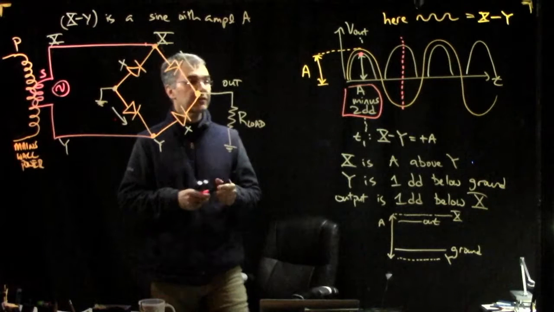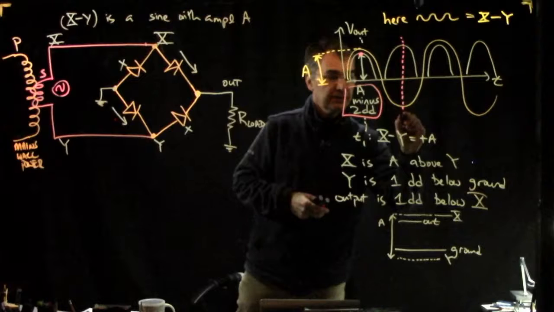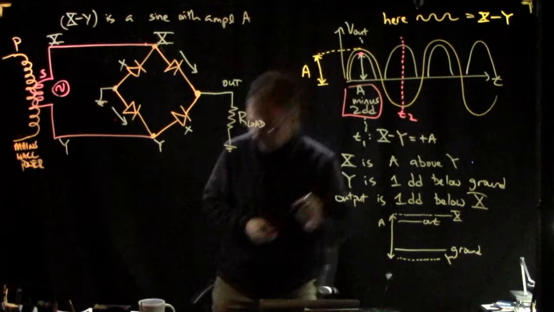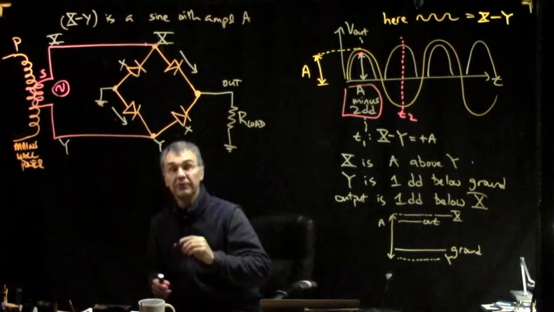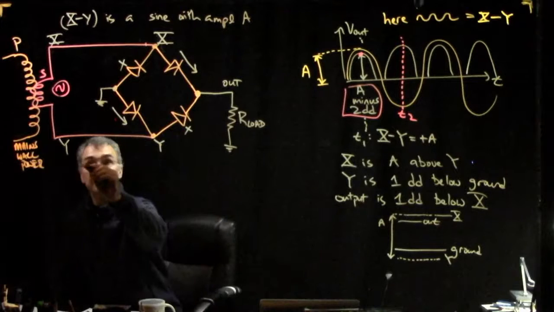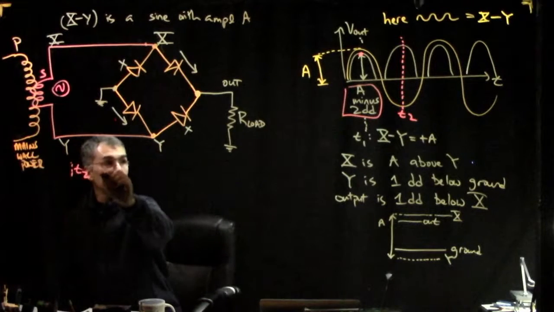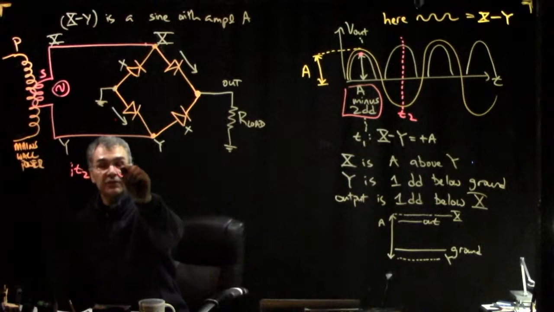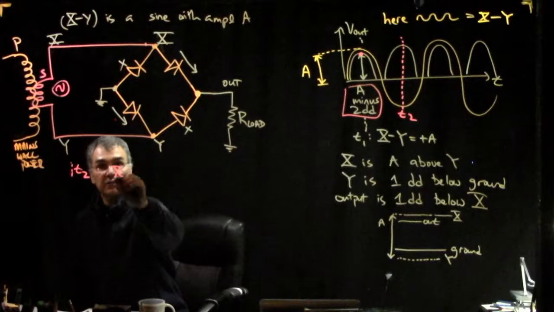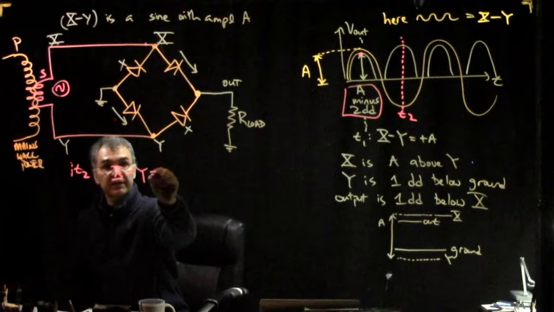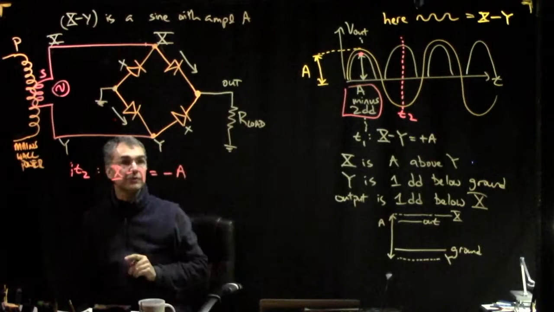Okay, now let's consider what happens at this instant half a period later. So we're going to call this T2. Okay, so at T2, X minus Y is negative amplitude.